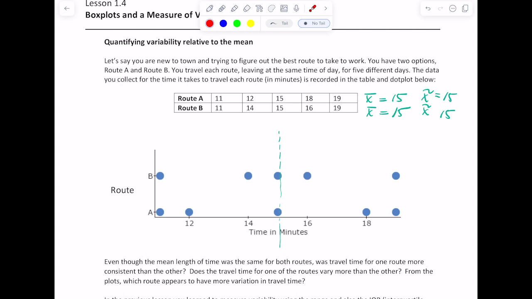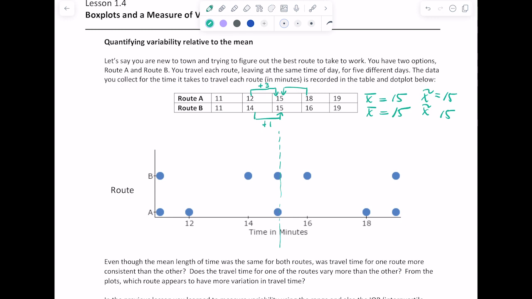Okay, so Route A actually has more variation or variability from the mean, because if you compare the numbers on either side of it, from 12 to 15, it's 3 away, but in Route B, it's only 1 away. The same is true on either side.